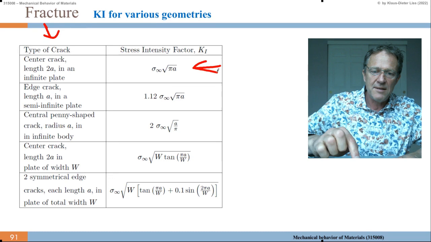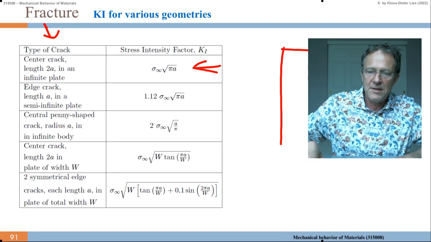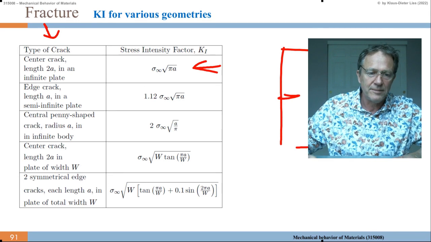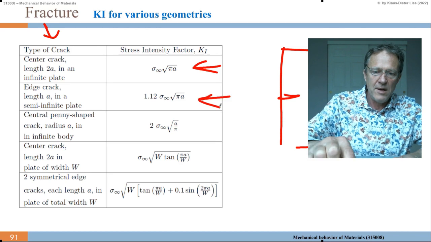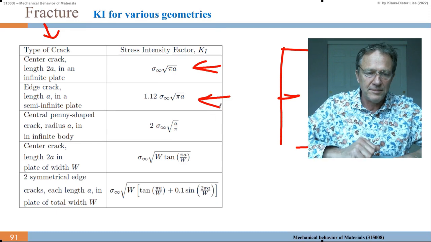We just did this exercise. We may have the crack at the edge. So this is the crack here at the edge, not in the center. Length is a in the semi-infinite plate. Then we have the K1C becomes 1.12 times the one above.